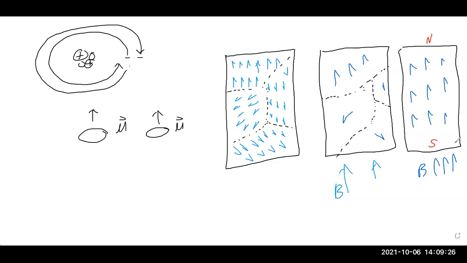So the fridge magnet is not a fundamentally different thing than the solenoid magnet or just current going through a single wire magnet. So all magnetic fields are caused by electric currents of some type, whether those are large scale occurrences or atomic scale motion of charges. It's just moving charges.